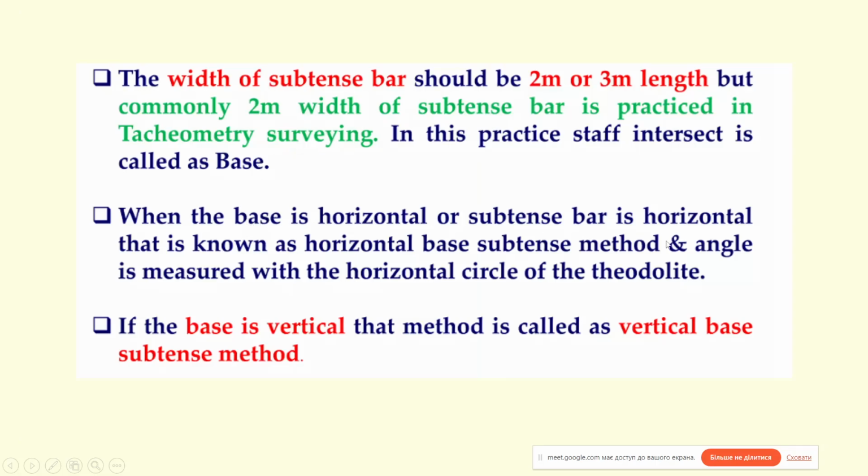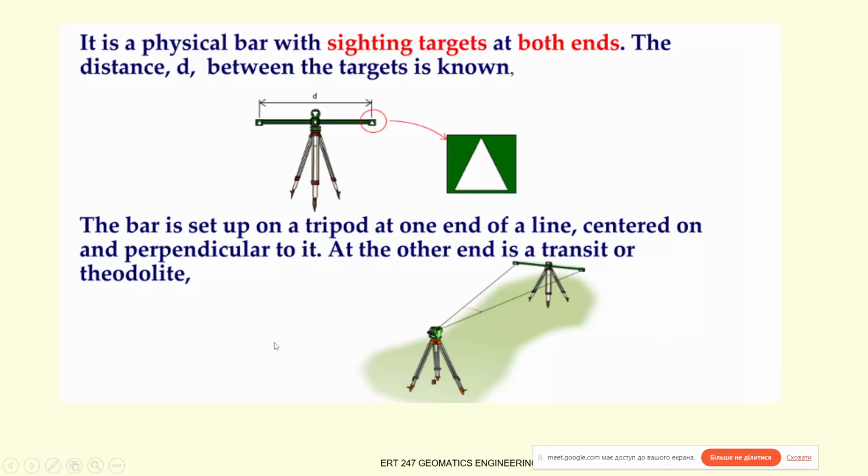When the base is horizontal, or the subtense bar is horizontal, that is known as the horizontal base subtense method, and the angle is measured with the horizontal circle of the theodolite. If the base is vertical, the method is called the vertical base subtense method.